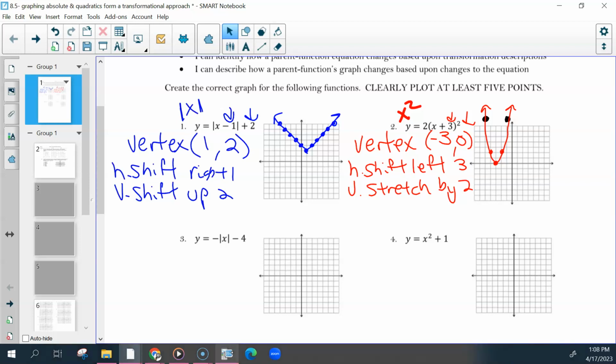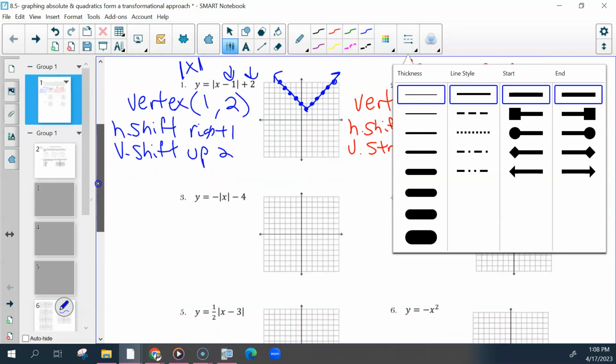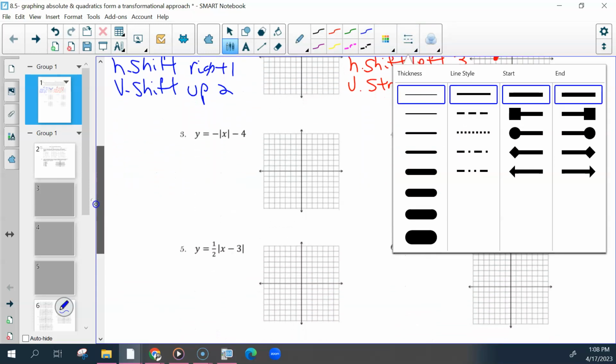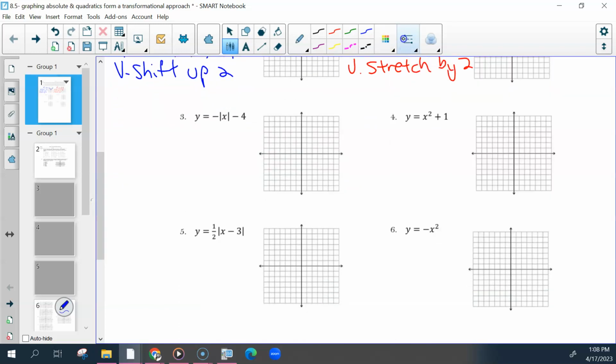Okay. Number 3. What would your vertex be for number 3? 0, 4? Yes. 0, negative 4, sorry.